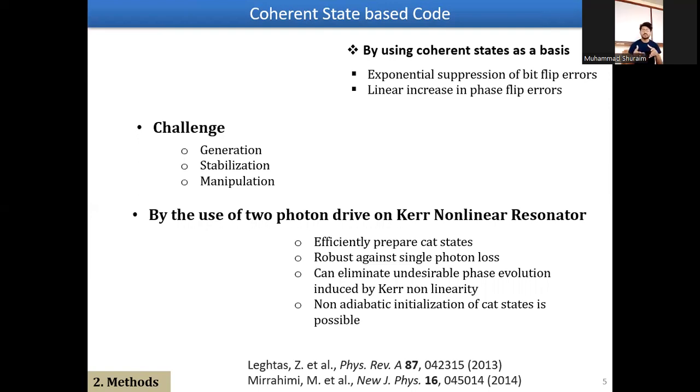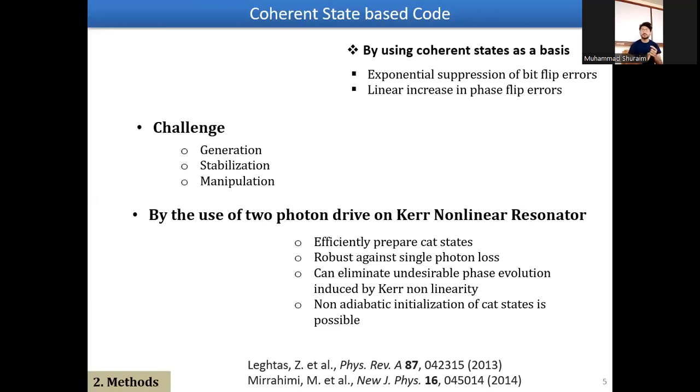So the method which I am going to present is that by using the two-photon drive on the Kerr nonlinear resonator, KNR, we can efficiently prepare those Kerr states, and they are stabilized, meaning they are robust against single photon loss, and they can eliminate the Kerr phase evolution due to Kerr nonlinearity.